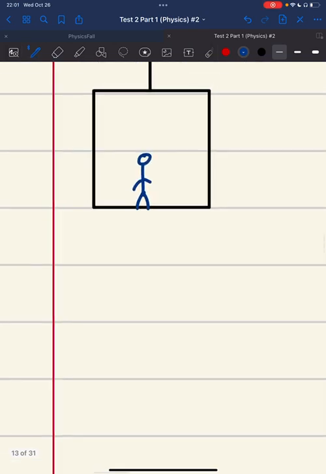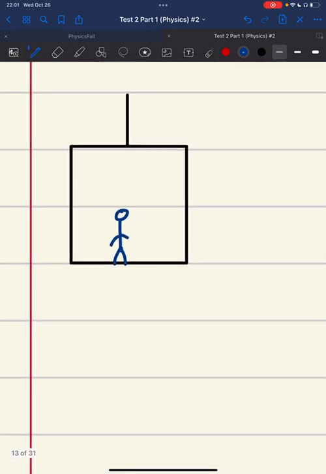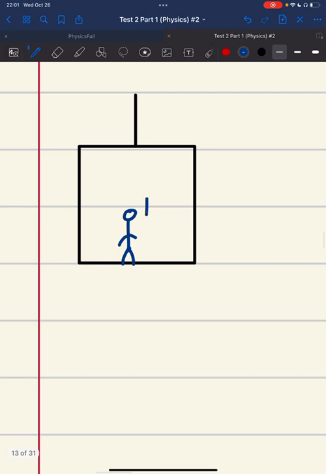The other part was acceleration of 4 meters per second squared. So there is acceleration here, a equals 4 meters per second squared.